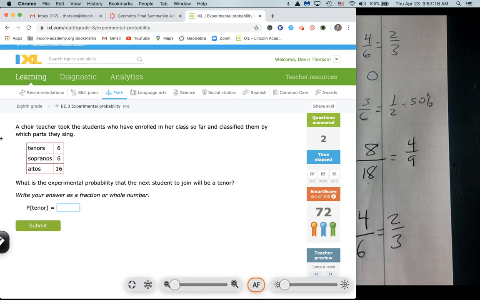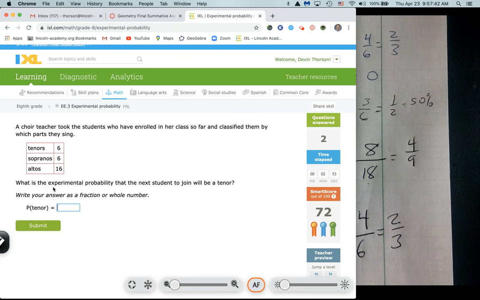It says, a choir teacher took the students who have enrolled in her class so far and classified them by which parts they sing. So 6 sing tenor, 6 sing soprano, and 16 sing alto. What is the experimental probability that the next student to join will be a tenor? So again, we don't necessarily think it's a 1 in 3 chance because it looks like a lot more people like to be altos.